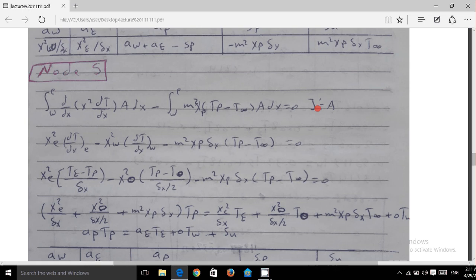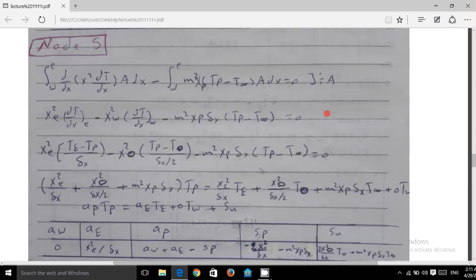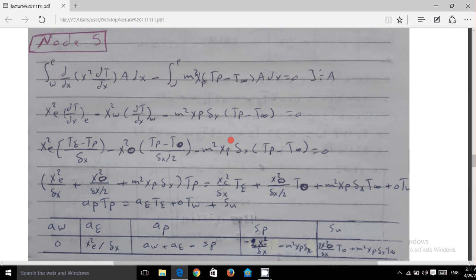By dividing by the area, I got x squared east dT over dx east minus x squared west dT over dx west minus m squared x_P delta x (T_P minus T infinity) is equal to 0.